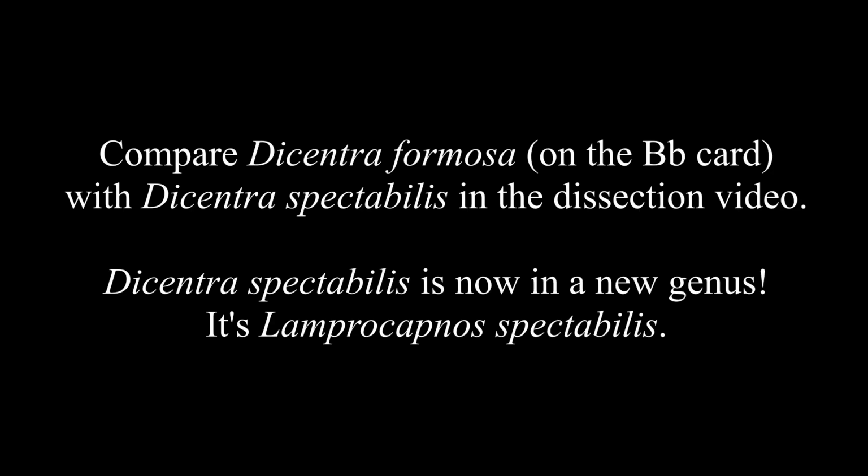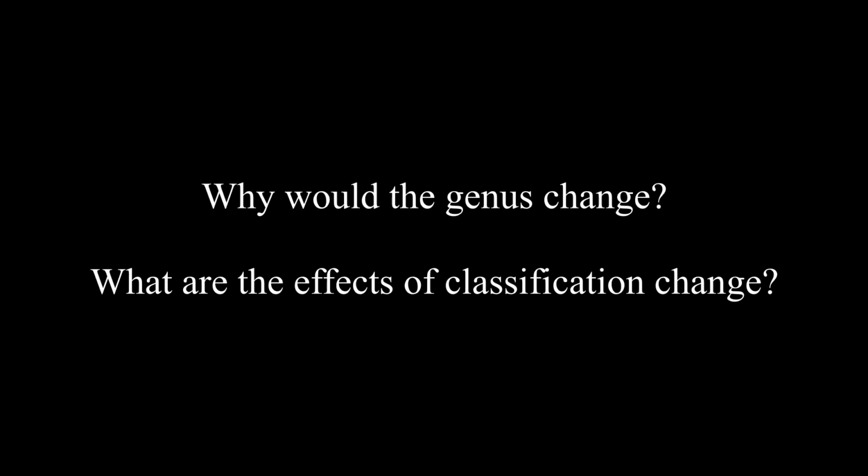Next question is compare Dicentra formosa on the B card with Dicentra spectabilis in the dissection video. Dicentra spectabilis is now a new genus. It's Lamprocapnos spectabilis. Why would the genus change?